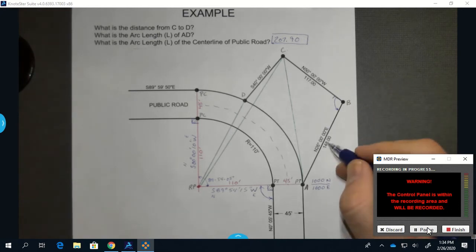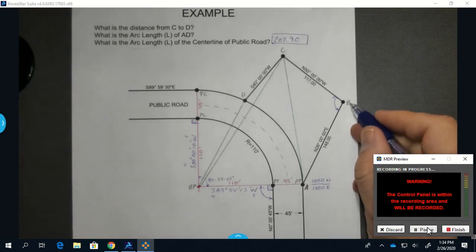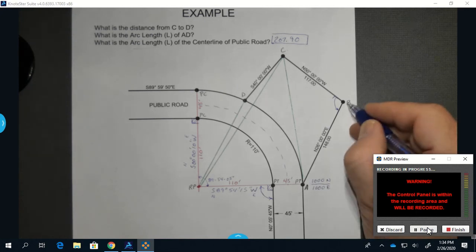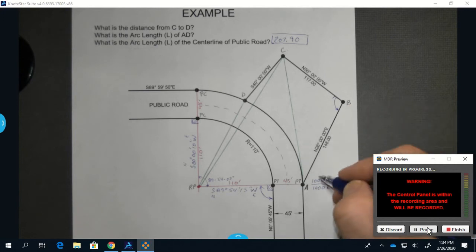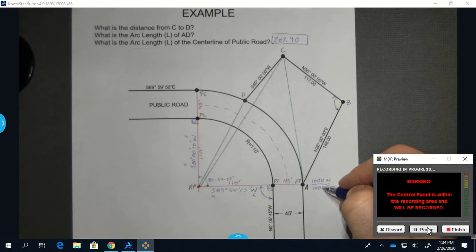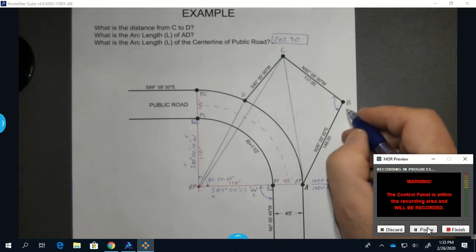Now, to do the calcs, we need to know the change in latitude and departure to find B, okay? So my change in latitude added to my coordinate is going to give me my coordinate for B. My change in departure added to my easting will give me my easting at B. All right, so I've already done that.